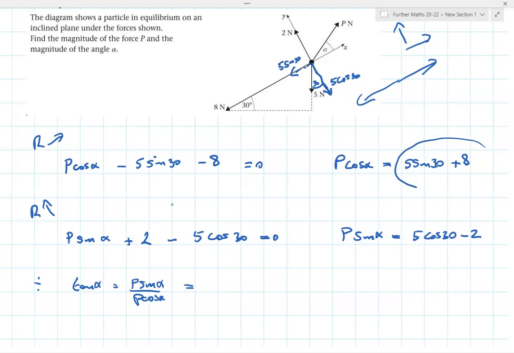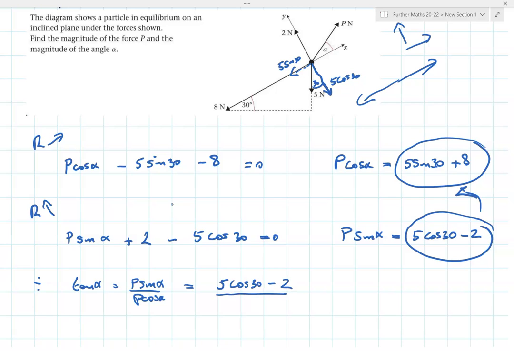So that's going to be equal to this divided by this. So that's 5 cos 30 minus 2 divided by 5 sine 30 plus 8. So that comes to approximately 0.222.